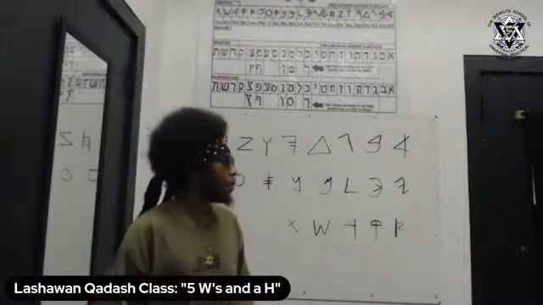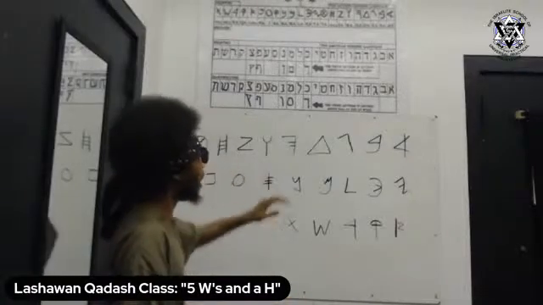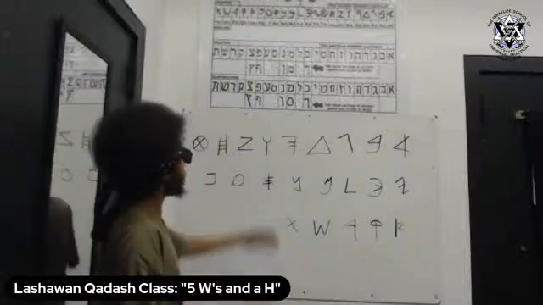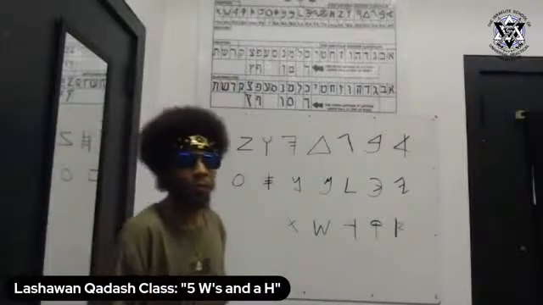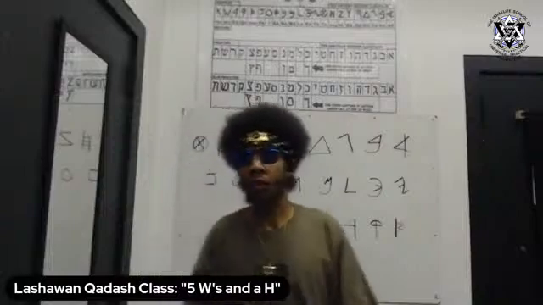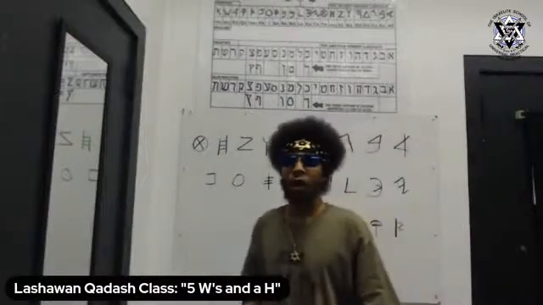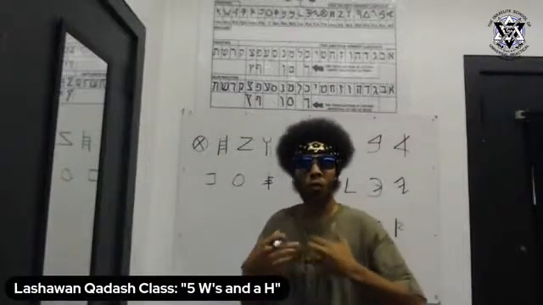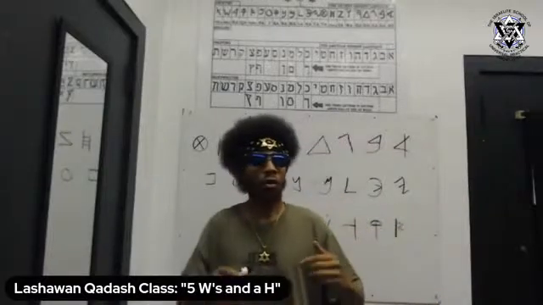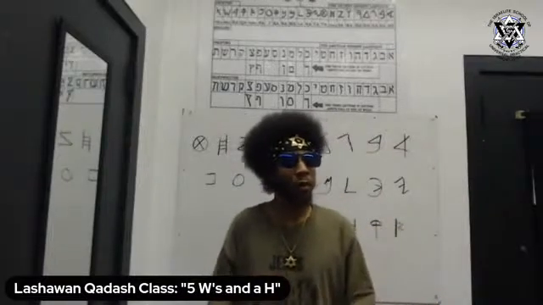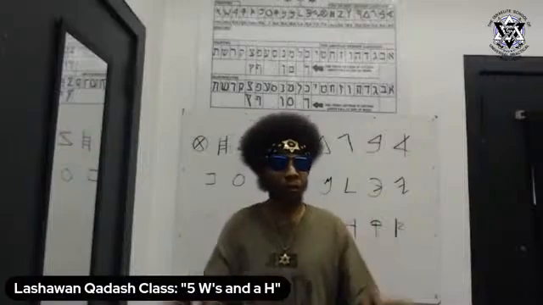But anyway, this is our language. It's called the Lashawan Qadash, which means the holy tongue. Our language is not where we grew up from as far as captivity. There are many Black, Hispanic, Native Indian people who have grown up all over the face of the earth.